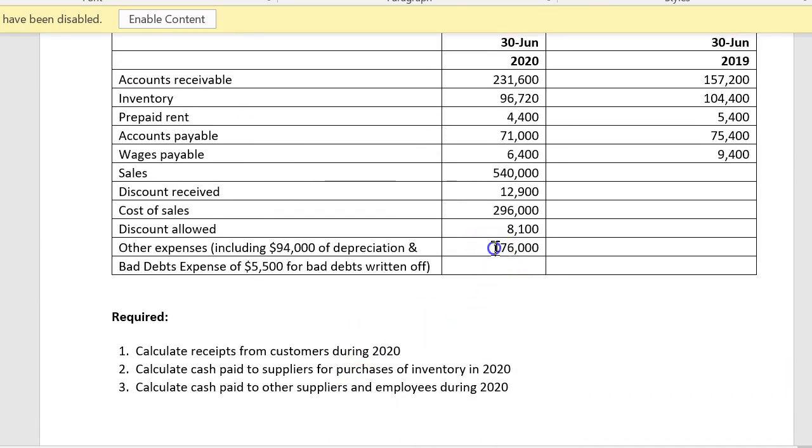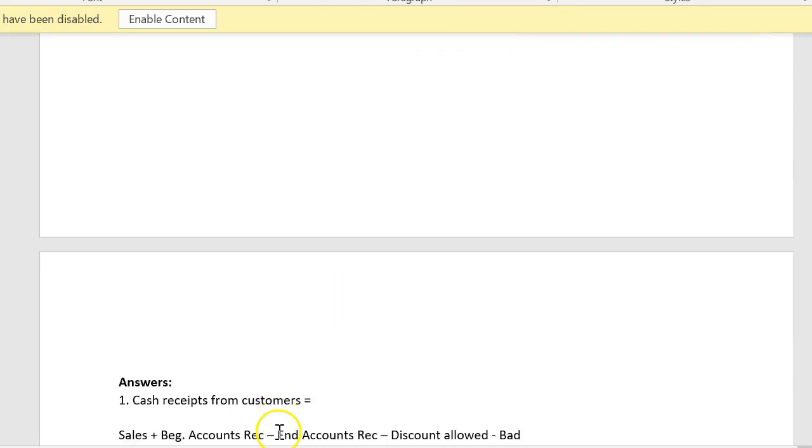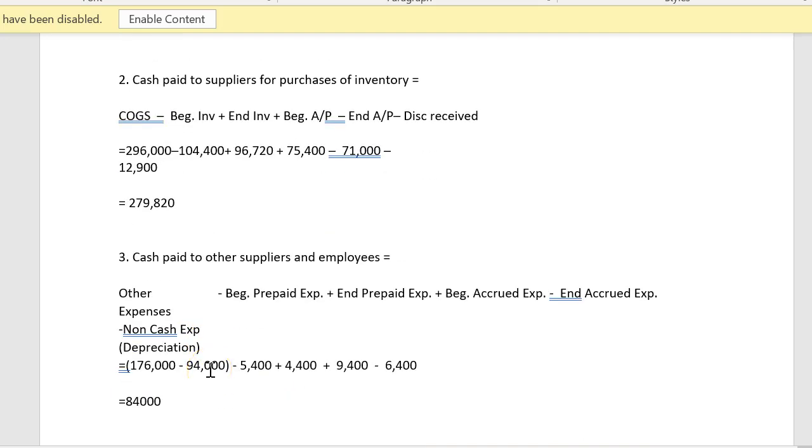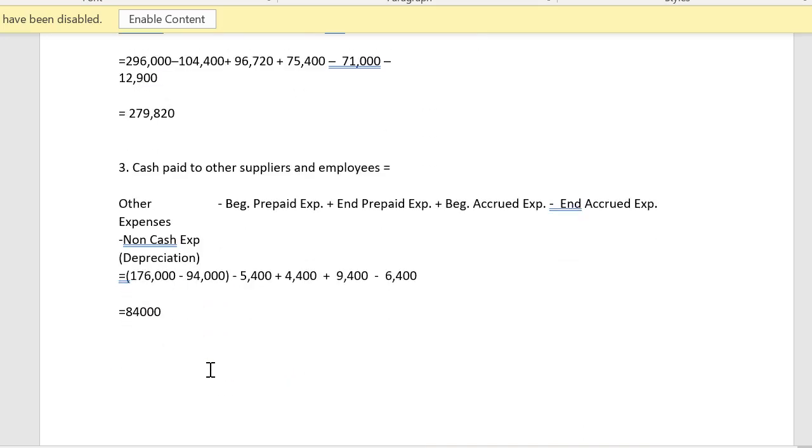Okay, so 176,000, you minus depreciation, which is 94, and then you minus beginning prepaid expense.